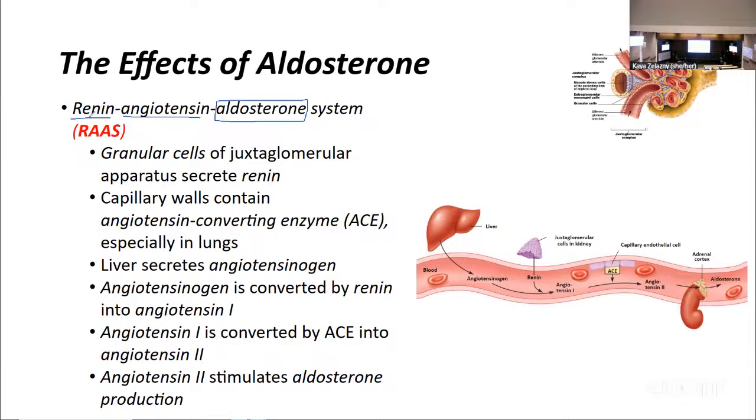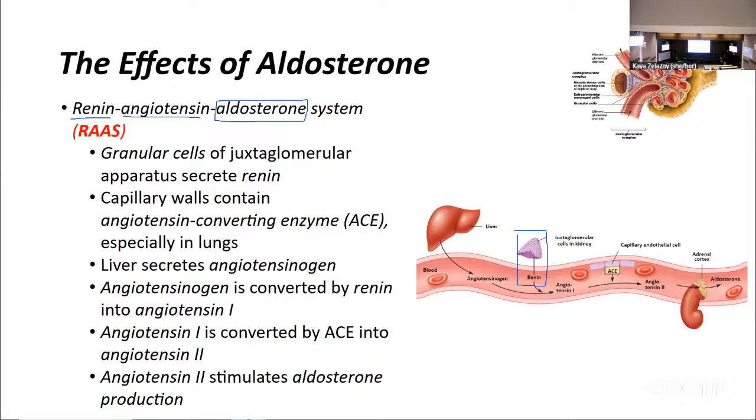When we're looking at this system, we're going to see that renin comes from our juxtaglomerular cells in the kidney. We saw those juxtaglomerular cells before as part of our juxtaglomerular complex.